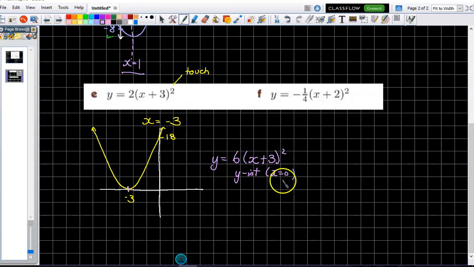When x equals 0, 0 plus 3 is 3, 3 squared is 9, 9 6s, 54. There's no way I have enough room for that. So let's say here's 54 up here. Whoa.